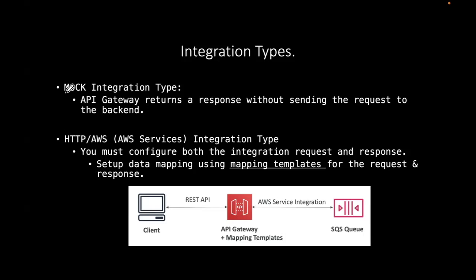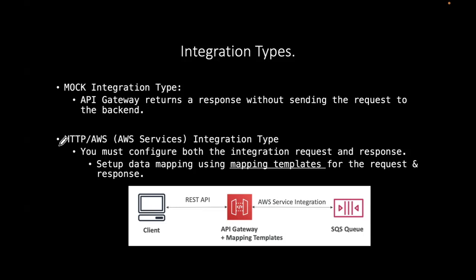You just get the API Gateway to send a standard, static, pre-configured response to a request. So these mock integration types might be useful as you're developing your web API before you actually have any functionality at the backend. So it's kind of the default case, really.